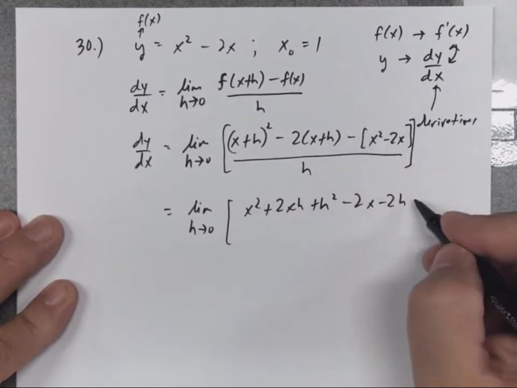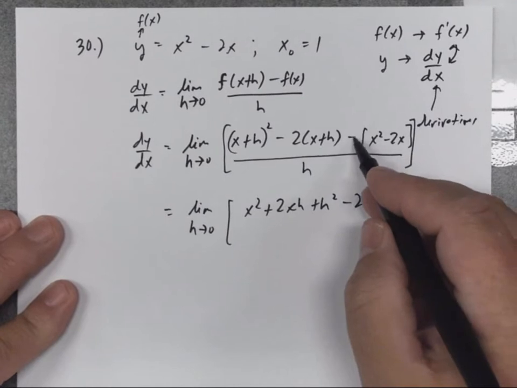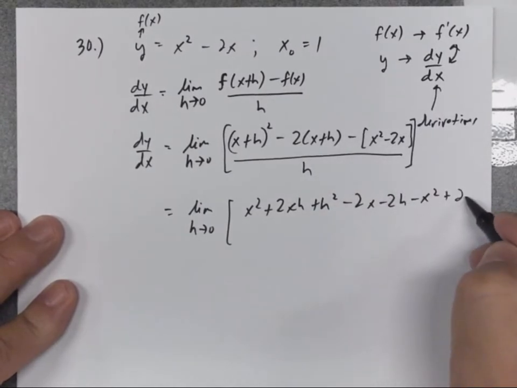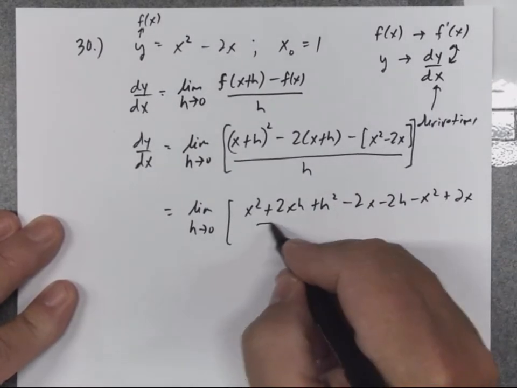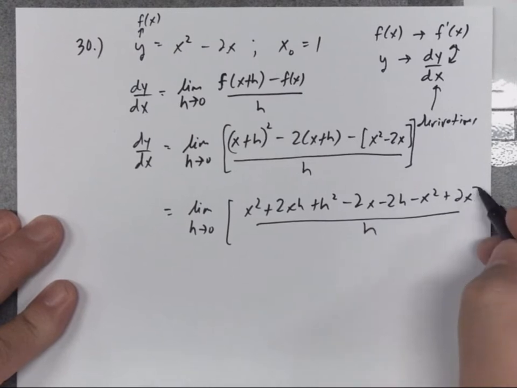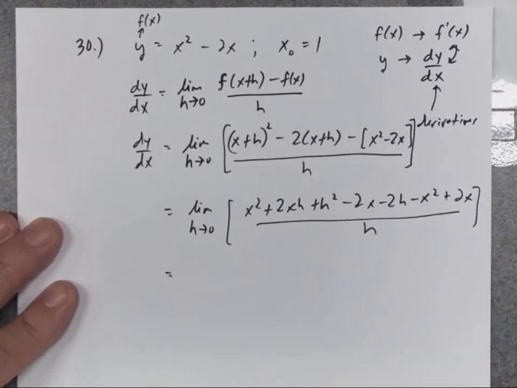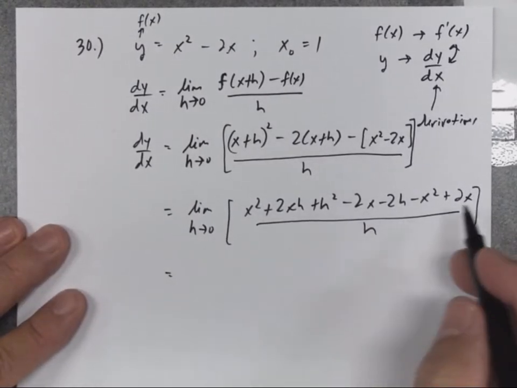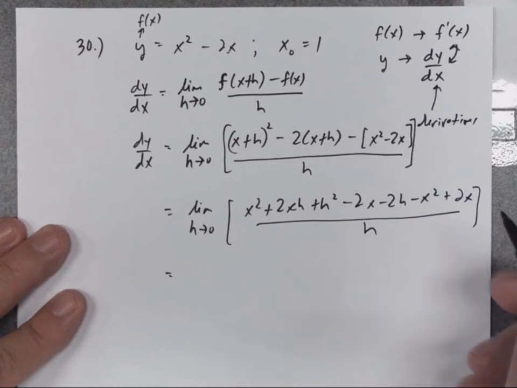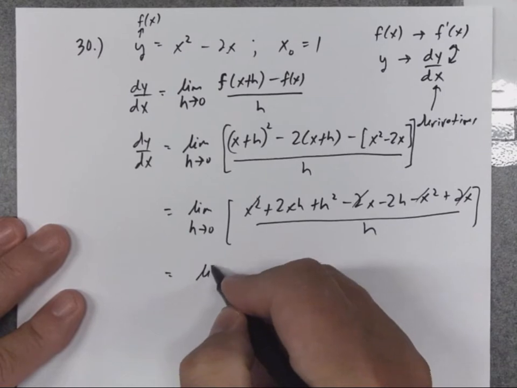Here, minus x squared minus a negative 2x. All over h. Now I'd like to combine, simplify. Those two cancel. Negative 2x and 2x cancel. I think that's about it.